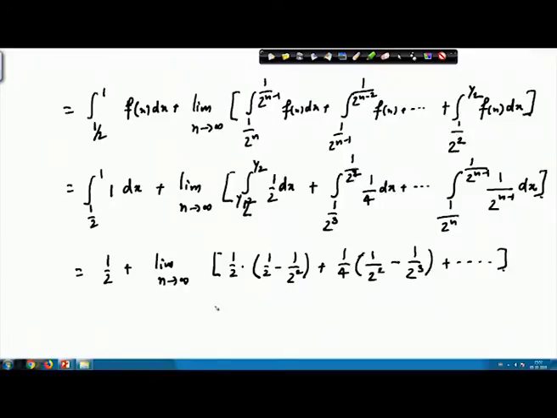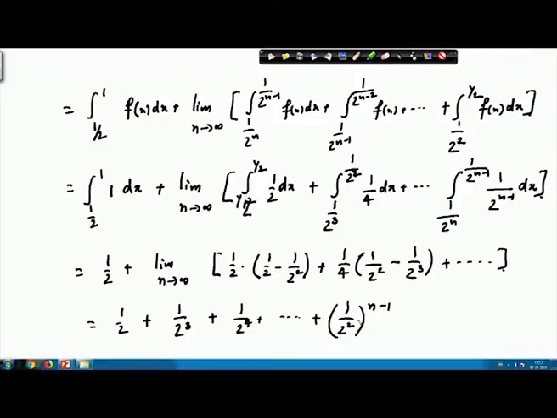If we calculate this whole thing, then after simplification we will end up with 1 by 2 plus 1 by 2 to the power 3 plus 1 by 2 to the power 4 and so on, up to 1 by 2 square to the power n minus 1. So this is what we end up with.